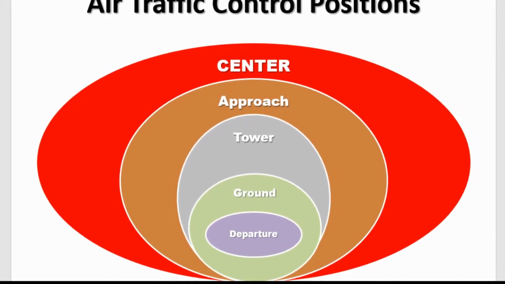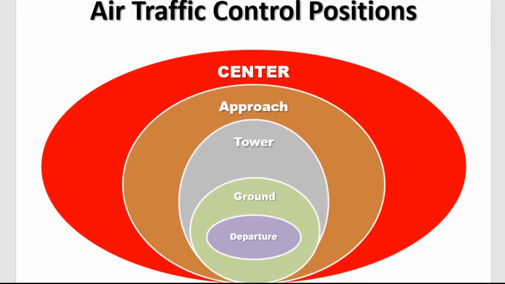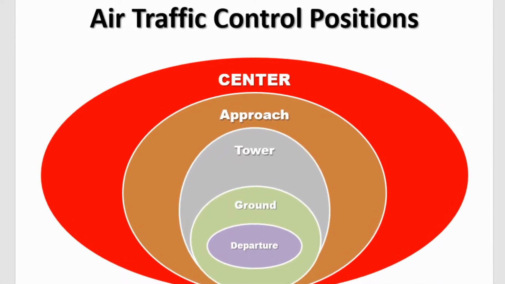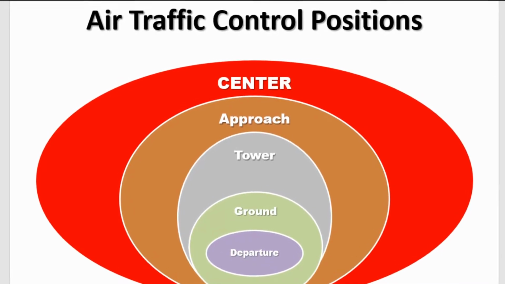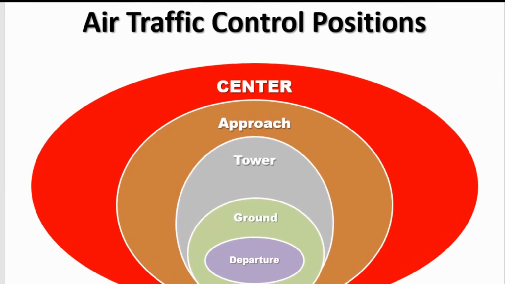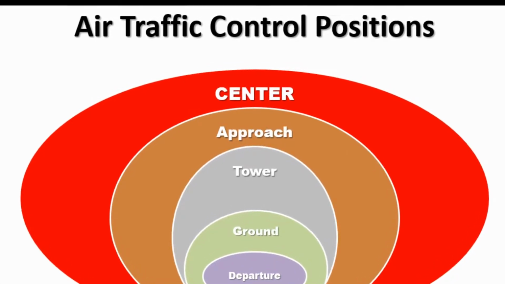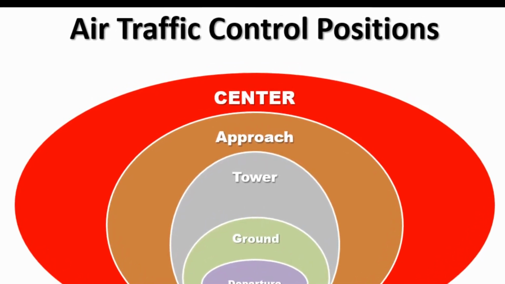Approach, tower, ground and departures are all specific to an airport. Centres, on the other hand, are very different in that they control a multitude of different airports because the area that they cover is much larger and much wider.